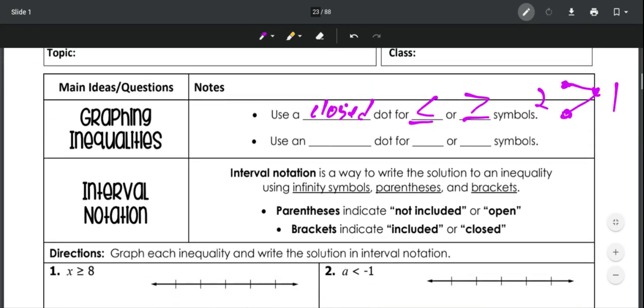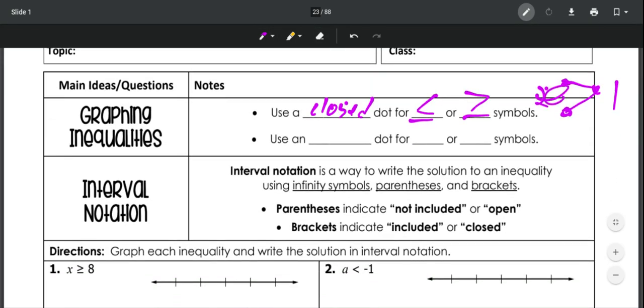And when it has the lines under it, that just means greater than or equal to, or less than or equal to. Anytime it has a line under it and you graph it, it's going to be a solid dot.